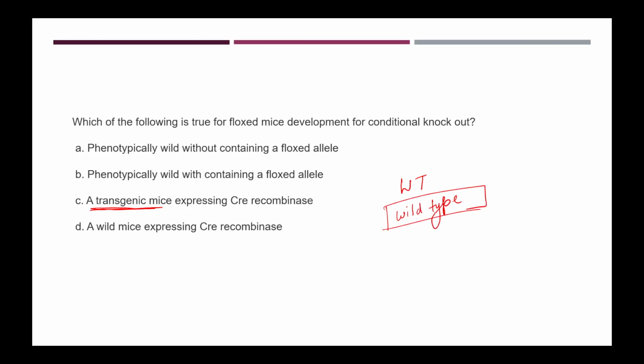And then if you do some chromosomal rearrangement, some modification, some insertion of any particular sites, suppose Lox-P sites you have inserted, now that mice will be referred to as transgenic mice.